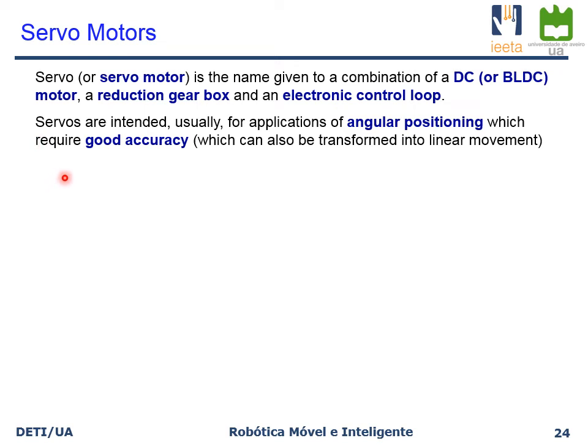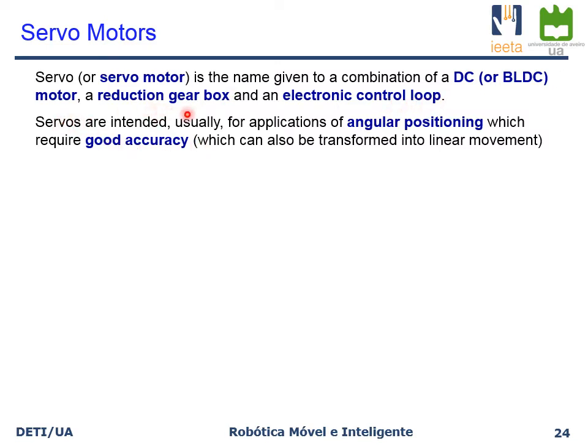As we referred at the beginning of this class, sometimes you can find actuators that are called by a different name, but that are in fact a more complex set of more generalist and simple actuators. This is the case, for instance, of servo motors, and a servo motor is the name given to a combination of electrical DC motors, either brushless or brushed, a reduction gearbox, and an electronic control loop.